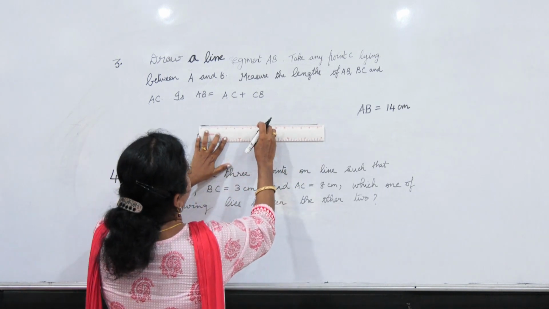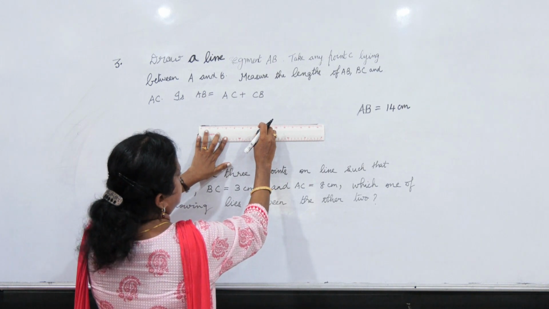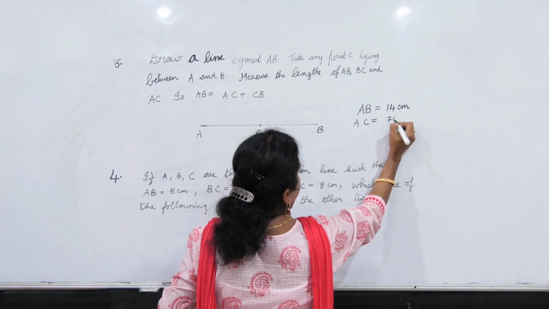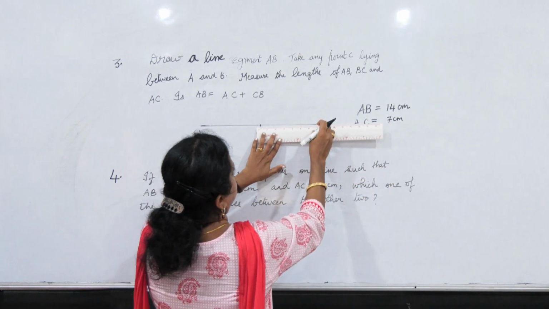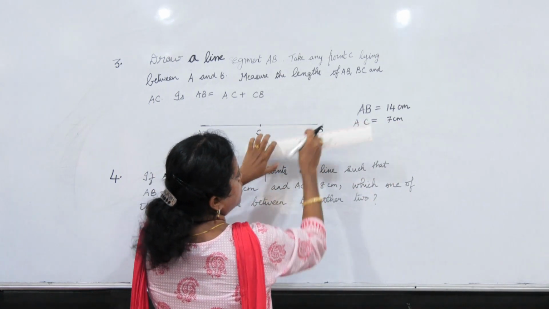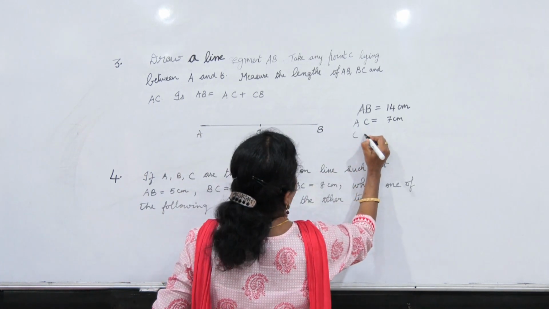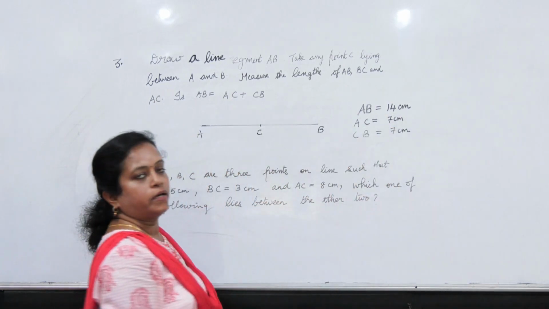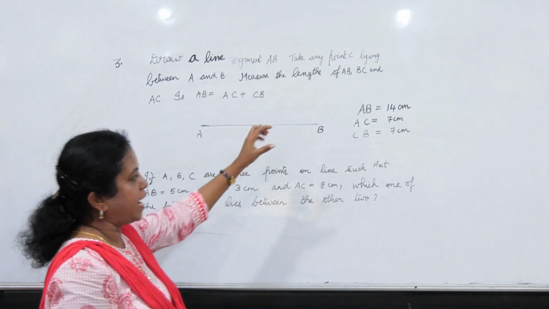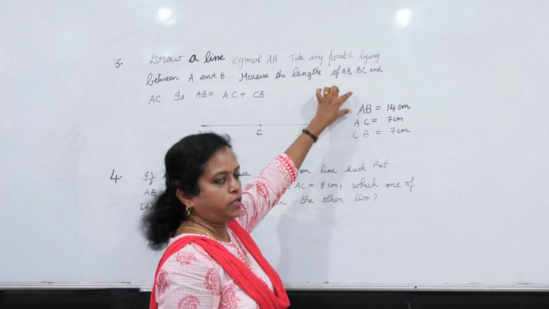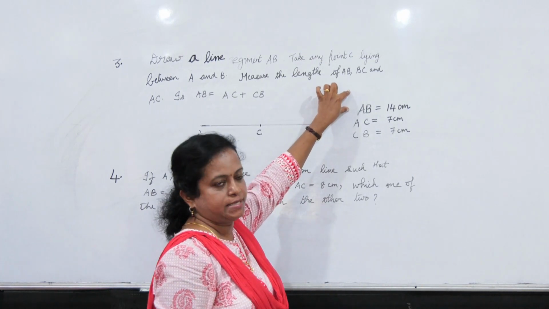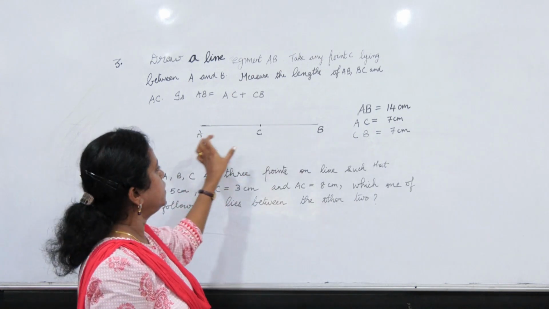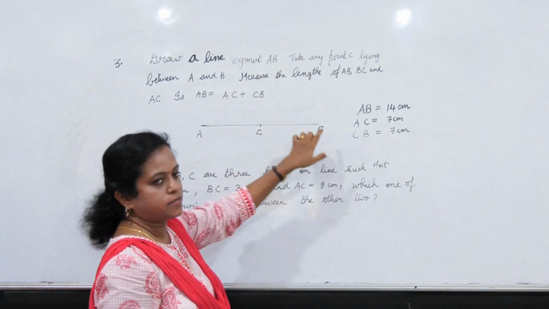So AC here is 7 centimeter and here this CB is also 7 centimeter. So actually I have made a midpoint. It's not necessary that it comes as a midpoint, but when you measure these two parts and the sum comes to be equal to the length of the given line segment, then you can say that the total line segment AB is equal to AC plus CB.